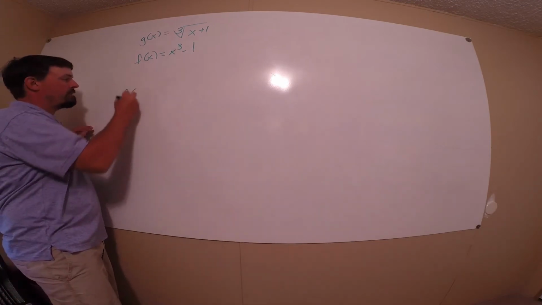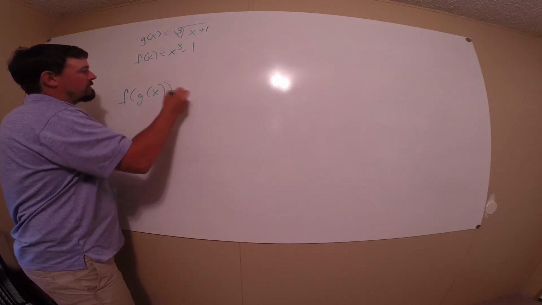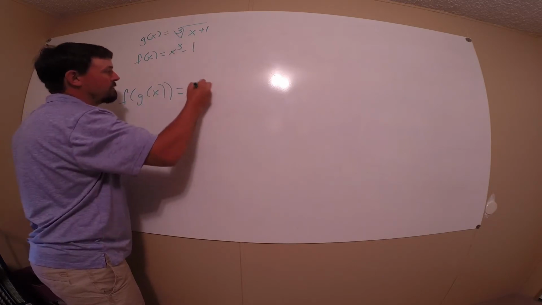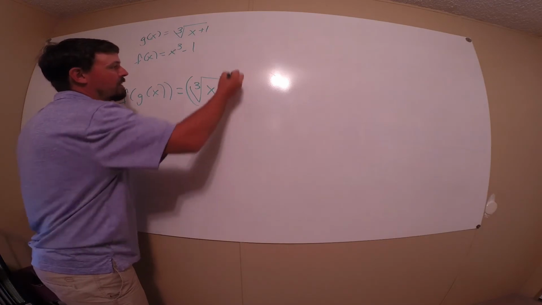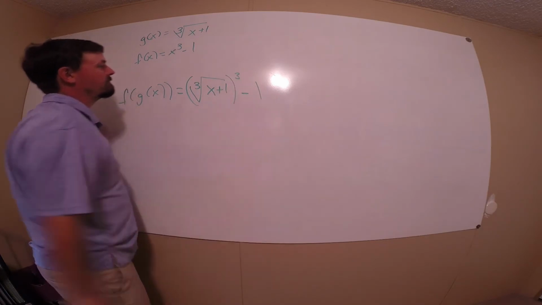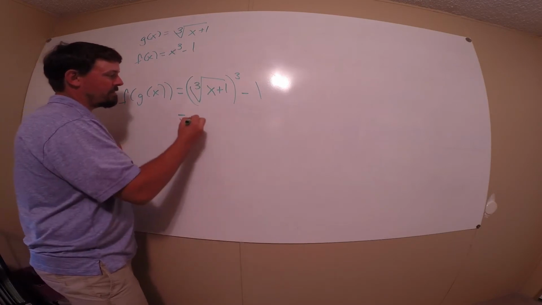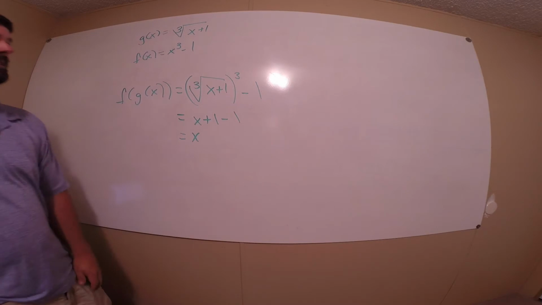So we got to check f of g of x equals x. So I'm going to plug this g of x function into this f of x function. So I've got the cube root of x plus 1. That's my g of x part. It's all cubed minus 1. Okay? So these cancel each other out. I wind up with x plus 1 minus 1, which gives me an x. So I verified the first part.